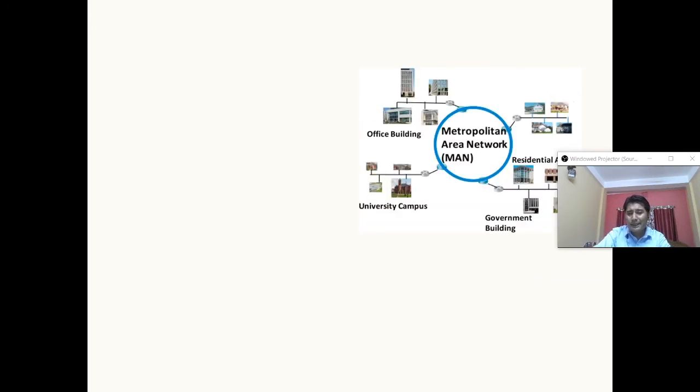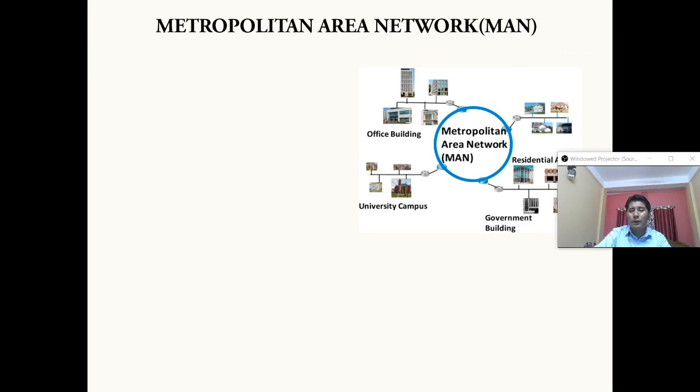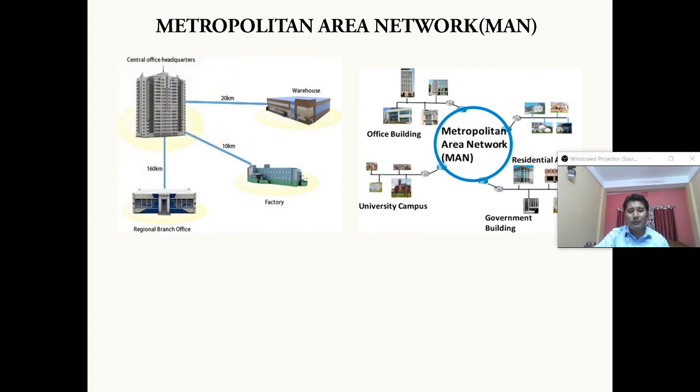Now next is MAN, or what we call a metropolitan area network. As the name suggests, metropolitan, this is a network within the city. The network is spread far enough within the city. The best example of the MAN is the cable television network that we have at our home, that covers, say, 10 to 20, maybe more than 100 kilometers of distance within the city.